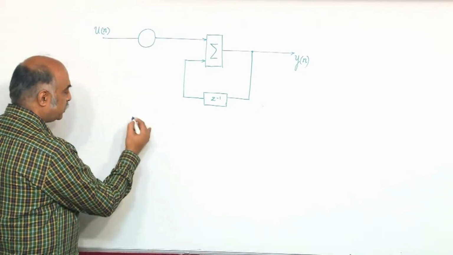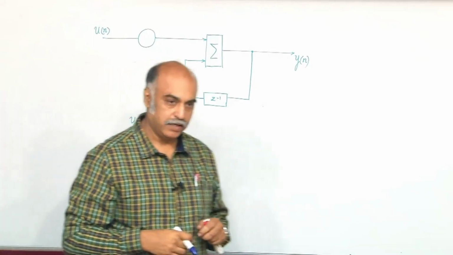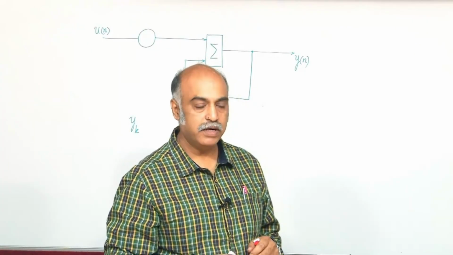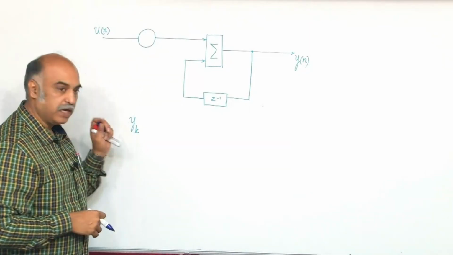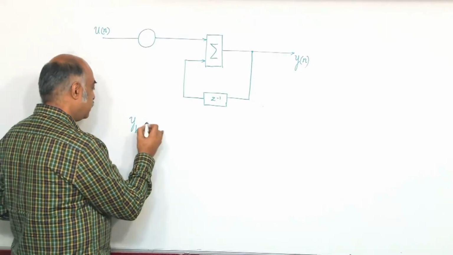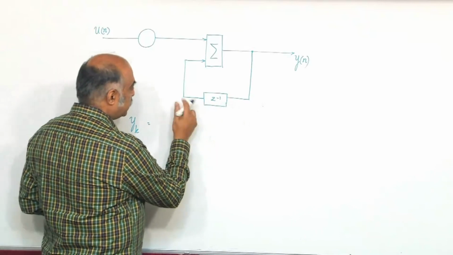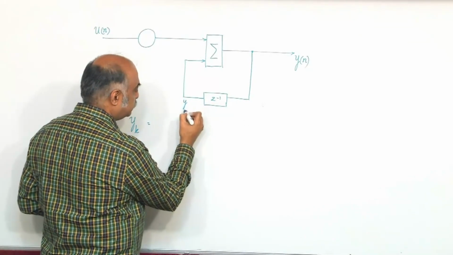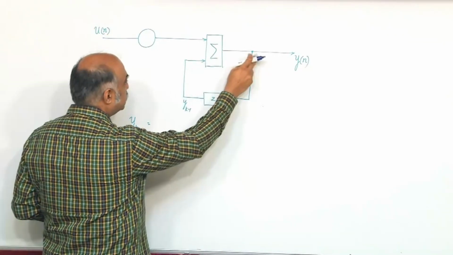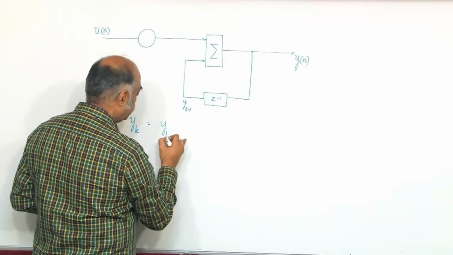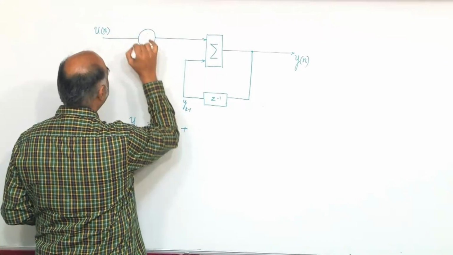What is the relationship? What is yk? Always take a snapshot at some arbitrary time interval point kT. So, y of k, at some point k, what is it supposed to be? This is y of k minus 1.